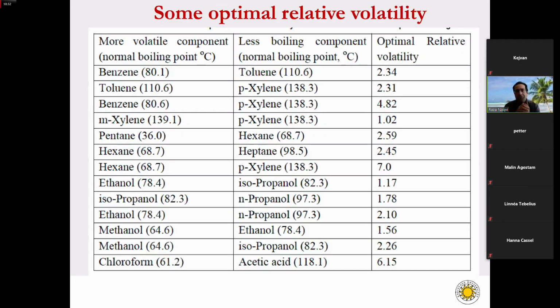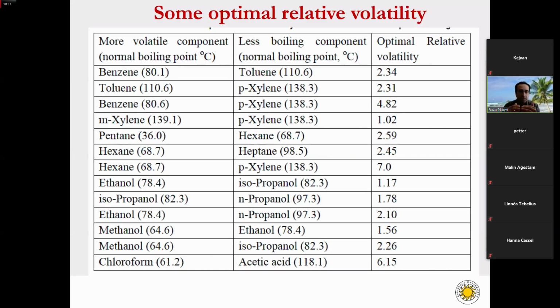This chart is just to show you how there are different optimal relative volatilities for many different types of binary mixtures. If you look at the first mixture, which could be the mixture of benzene and toluene, benzene is a component which is more volatile. It means it will have a lower boiling point than the other component.